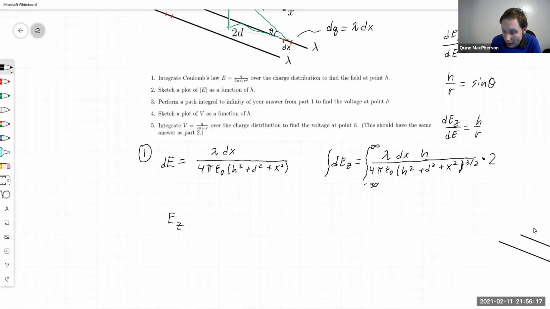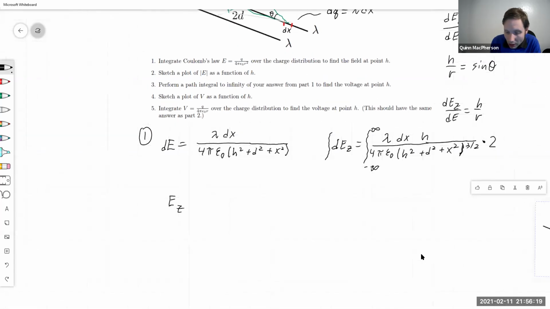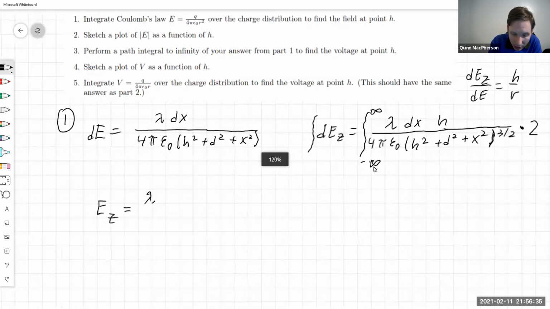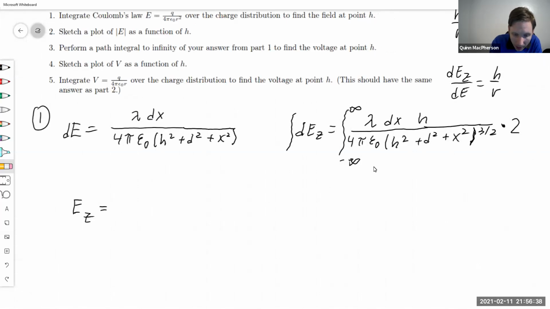I'm going to simplify this integral just a minute here. So simplifying that integral, I can pull out the constants, and I get lambda h over 2 pi epsilon naught.